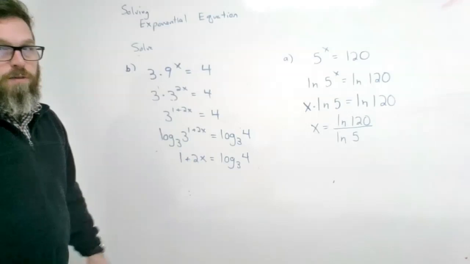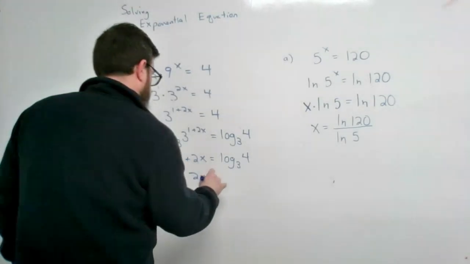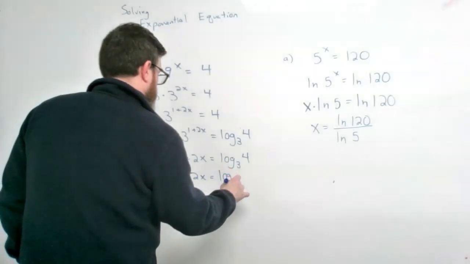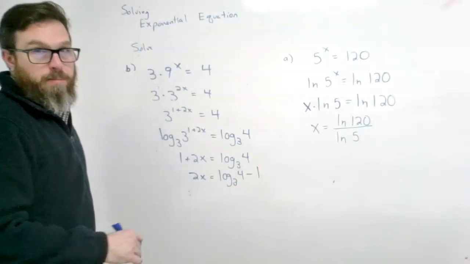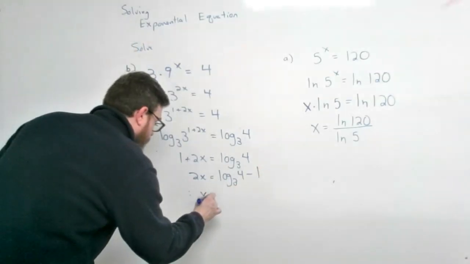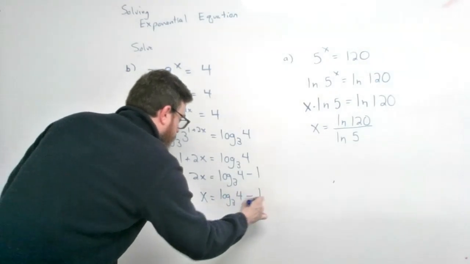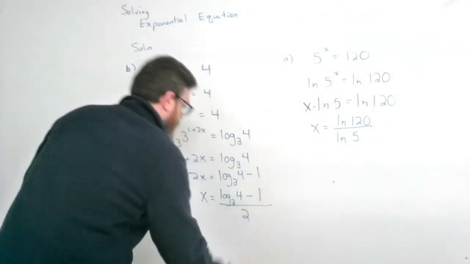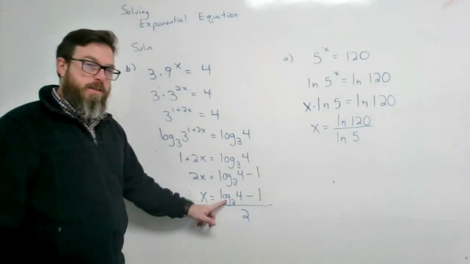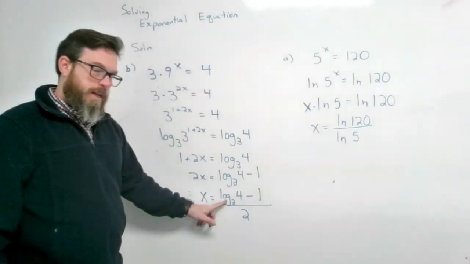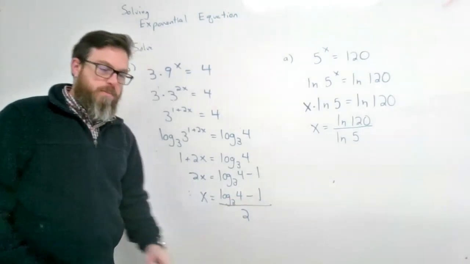Which means in order to solve for x, I just have to subtract 1 first, and then divide by 2. That's its exact answer. We know we can find its decimal approximation by natural log of 4 over natural log of 3, then minus 1, and then everything else divided by 2.